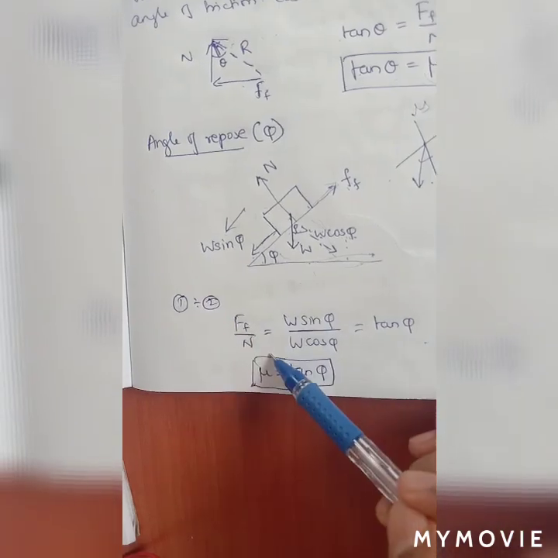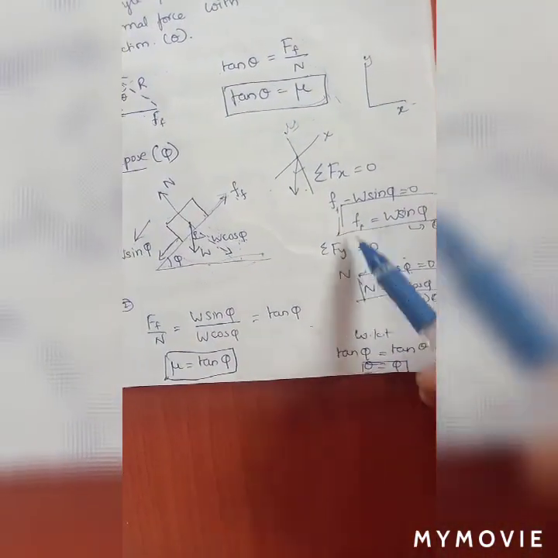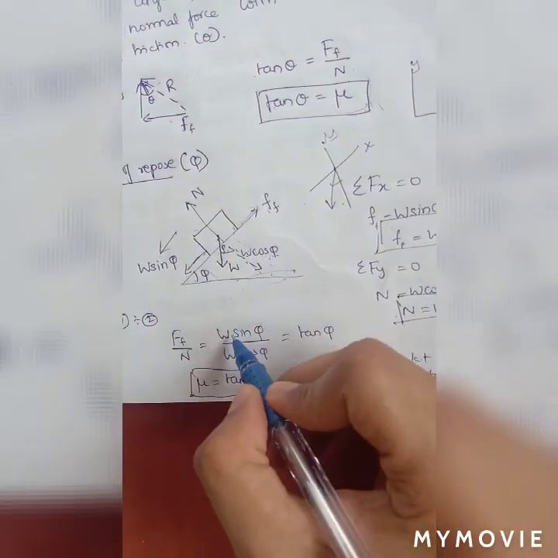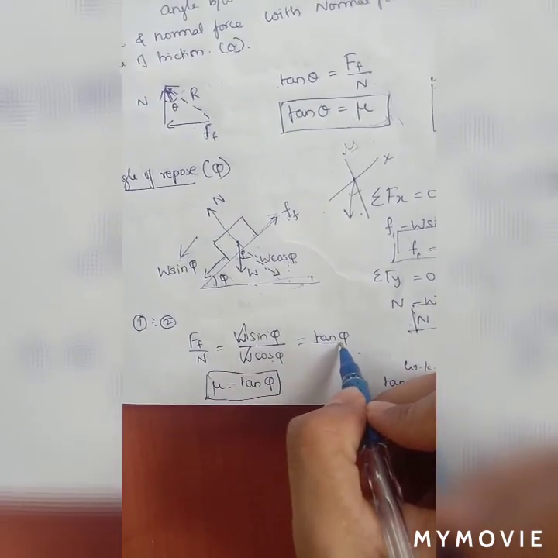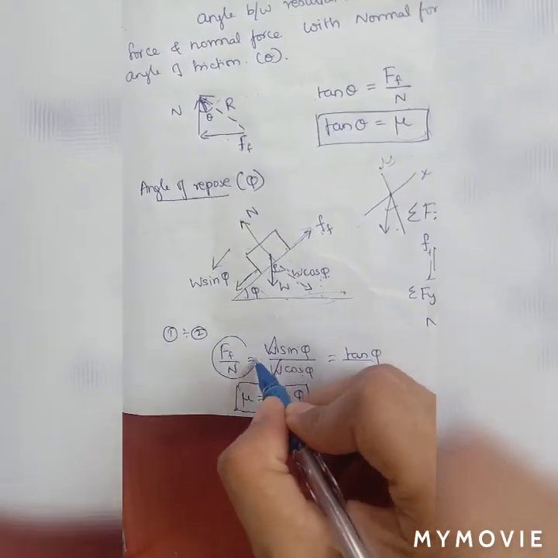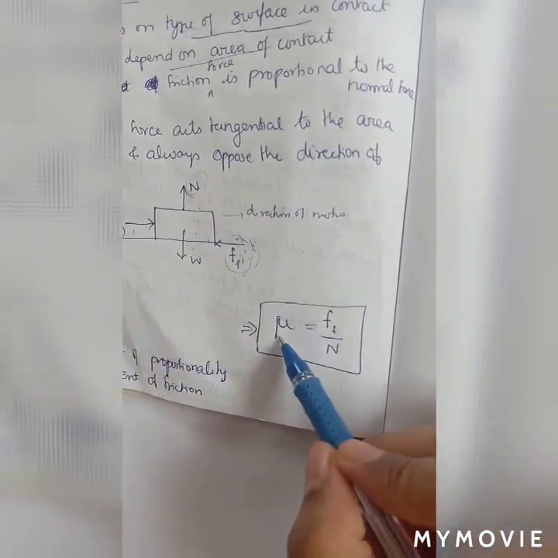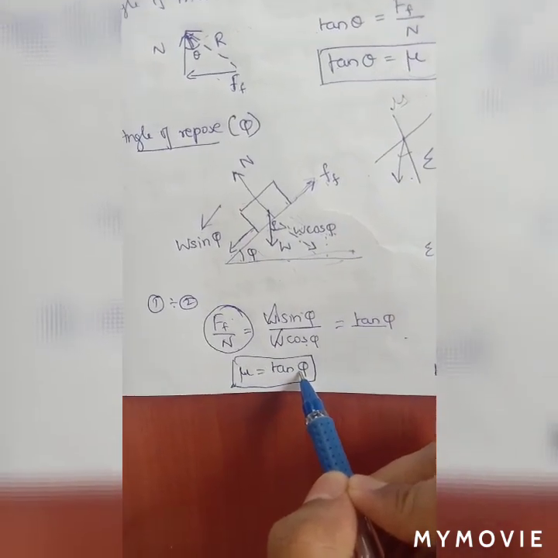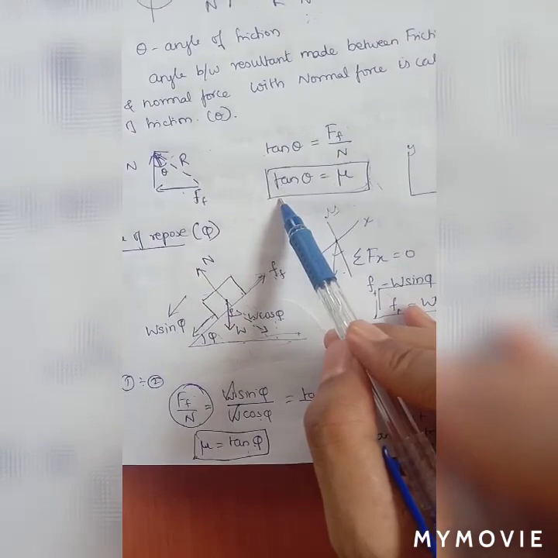When you divide these equations, on the left-hand side you get F by N, and on the right-hand side W sin phi by W cos phi, where W cancels off, and sin phi by cos phi gives tan phi. And we have already seen that frictional force by normal force is the coefficient of friction mu. So mu is equal to tan phi. Already we have discussed with respect to the angle of friction that mu equals tan theta.